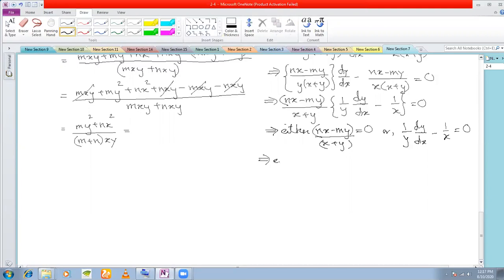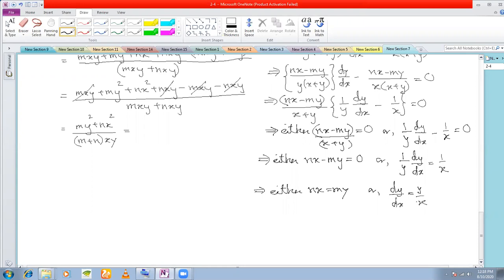That means either nx minus my is equal to 0 or 1 by y dy/dx is equal to 1 by x. That means either nx is equal to my or dy/dx is equal to y by x.